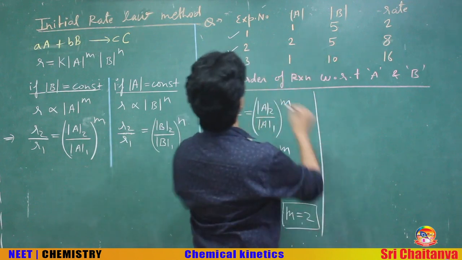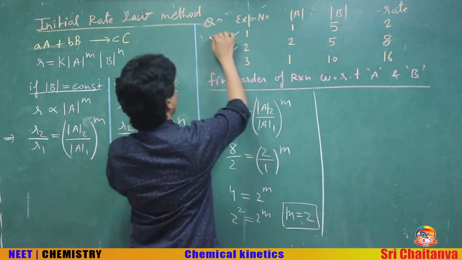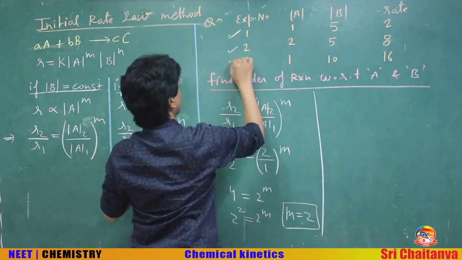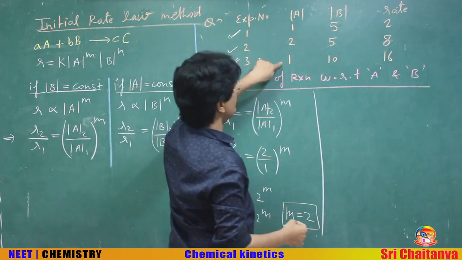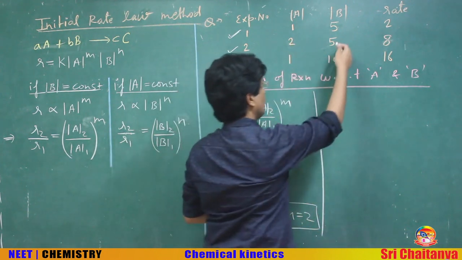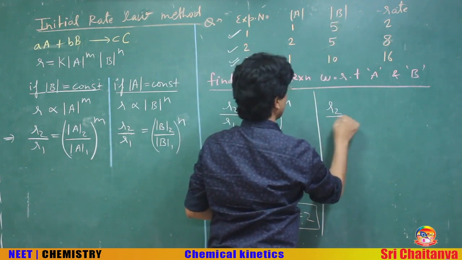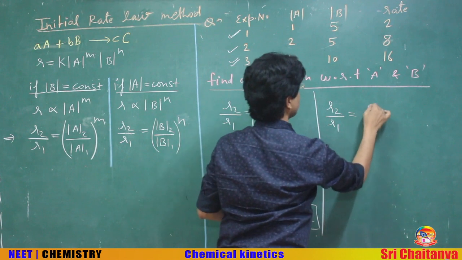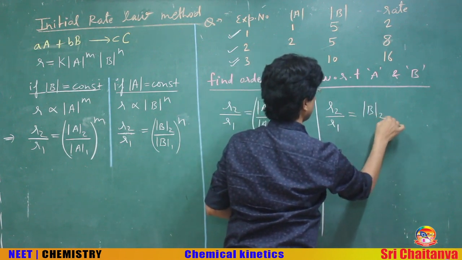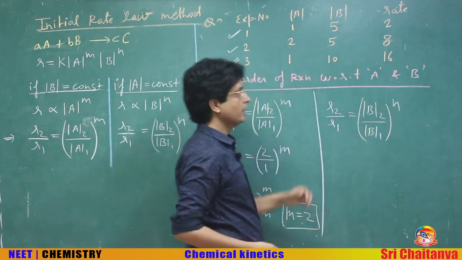Similarly, you can take 1 and 3 now. Here the concentration of A is constant, but the concentration of B is changing. So with experiment number 1 and 3, I can say that R2 by R1 will be equal to concentration of B2 upon concentration of B1 to the power of n.